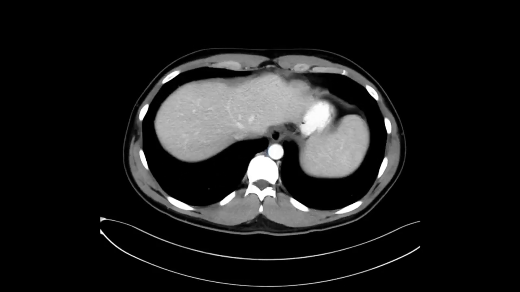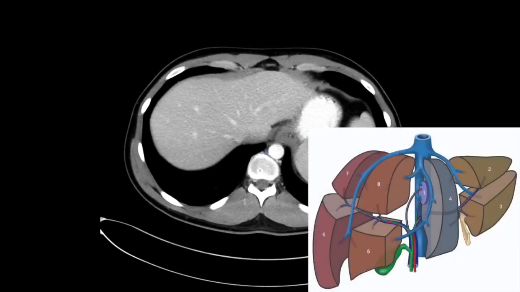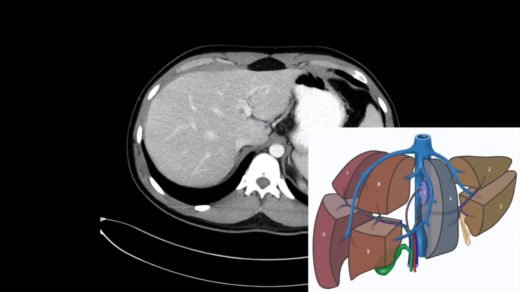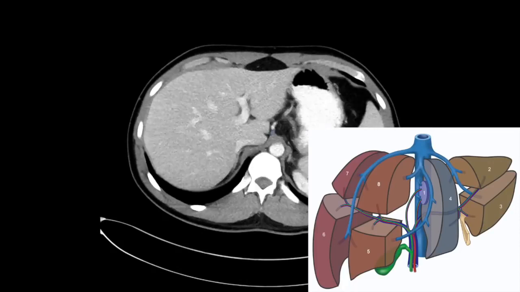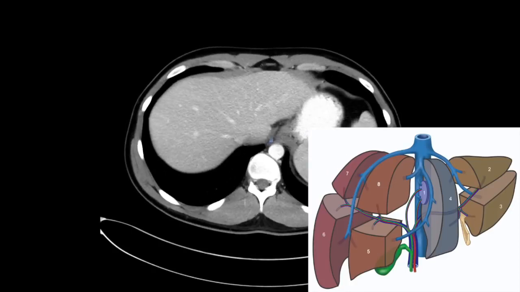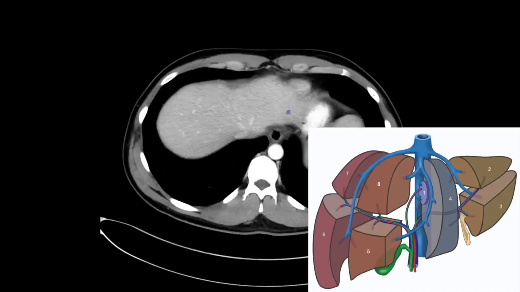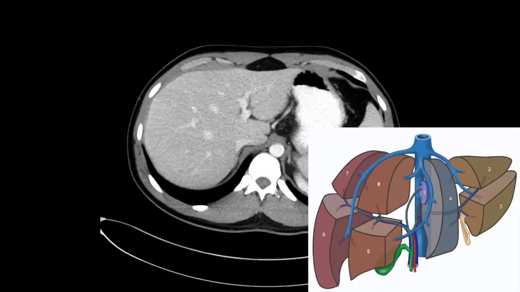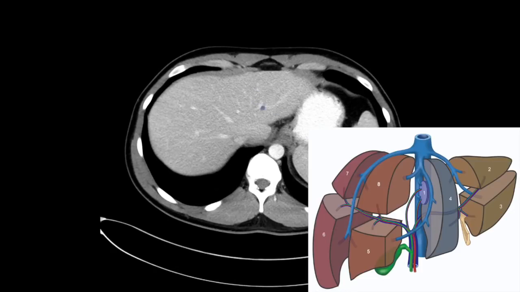They're numbered as follows, and you can follow along in the diagram that's on the screen. So first of all, we have segment 1 that is called the caudate lobe that I've outlined here. We have segment 2 that sits to the left of the left hepatic vein and superior to the left portal vein. So this is all segment 2 up here.